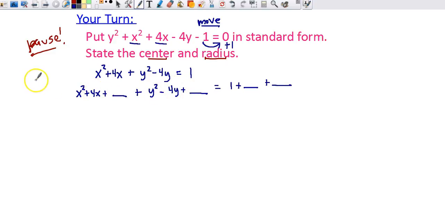So 4 divided by 2 squared is 2 squared, which is 4. Same number. Negative 4 divided by 2 squared, it doesn't matter if it's positive or negative, guys, because a negative squared is a positive. So that's going to be 4. Let me do that in red. We've got to make it stand out a little bit. So we got 4 here, we got 4 there. And what goes on the left must go on the right.